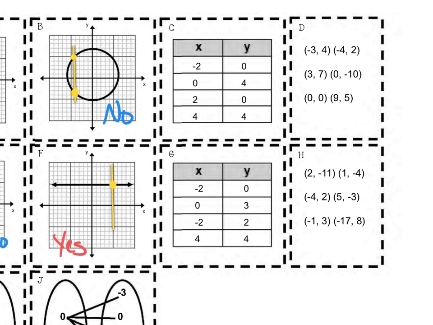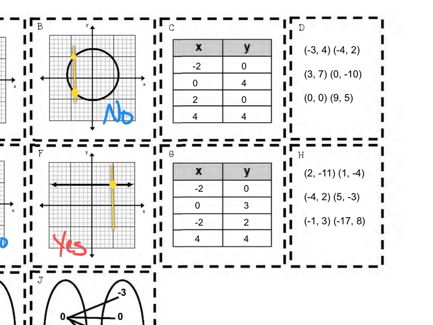All right. C and G were a little bit easier. Okay, you had to look and do this one. This is tables. What we learned the other day is for tables, you just have to check your X values and see if one repeats. So as I look at letter C, which is this top part, my X values are -2, 0, 2, and 4. Do any of those repeat?